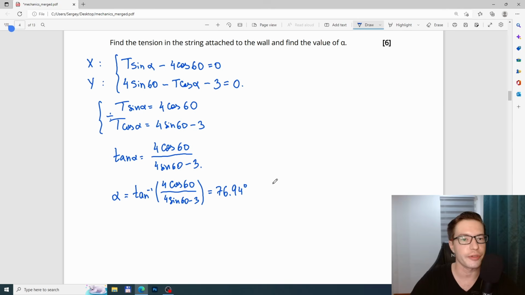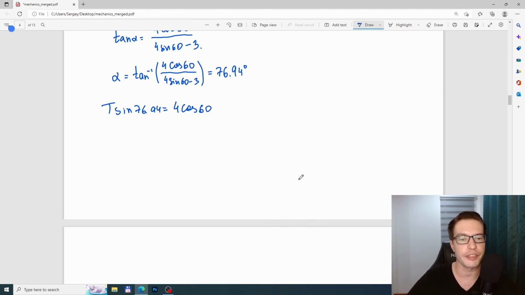And next we can substitute this value into, let's say, the first equation to find T. So T sine 76.94 equals 4 cosine 60. Divide by sine 76.94 and we'll get it.